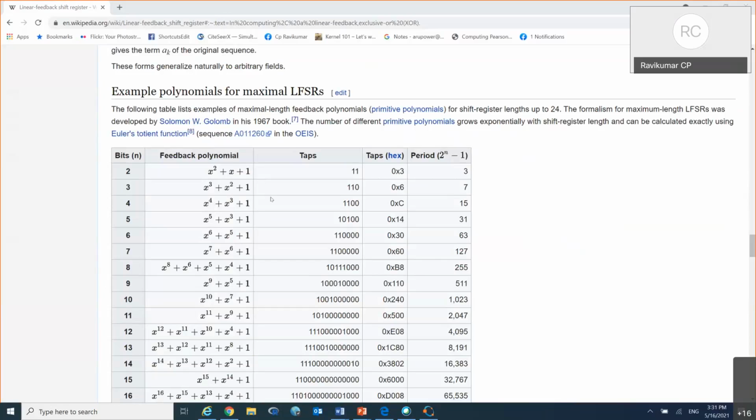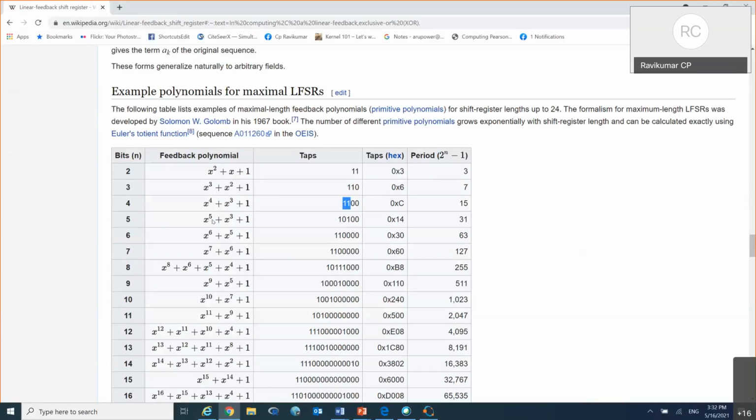Okay. Now here is another thing here. These guys have given a simple compact way of describing this tap. What he means by tap is, in a 4-bit LFSR, the last two bits are being tapped and these two are not being tapped. So 1100 means that the last two bits are being tapped.